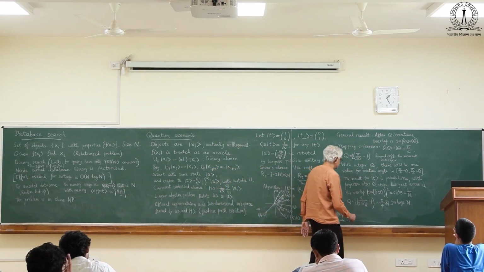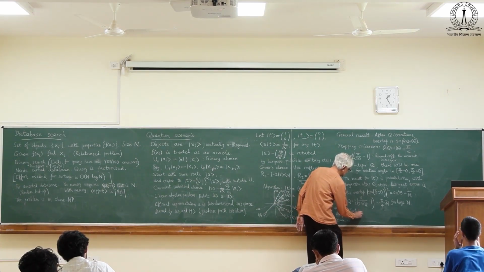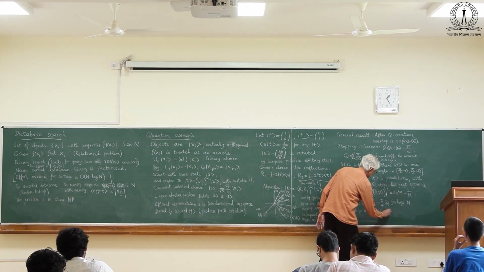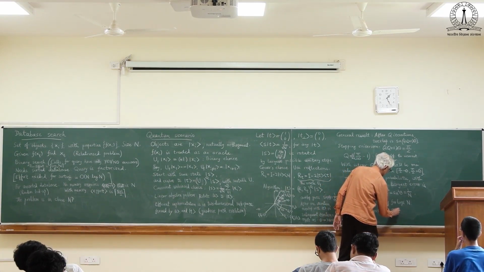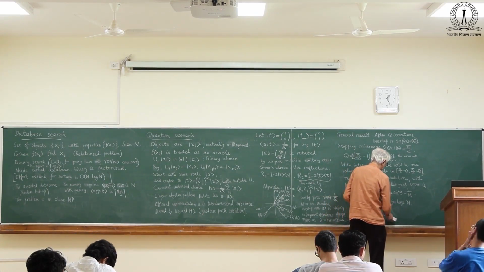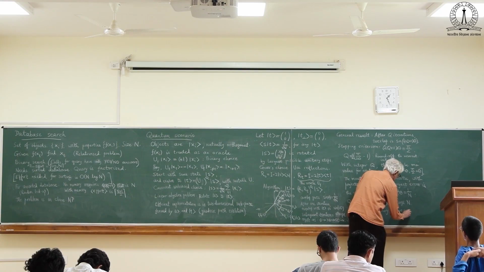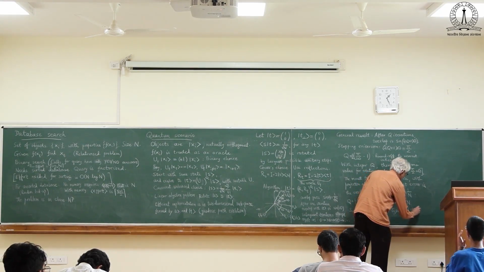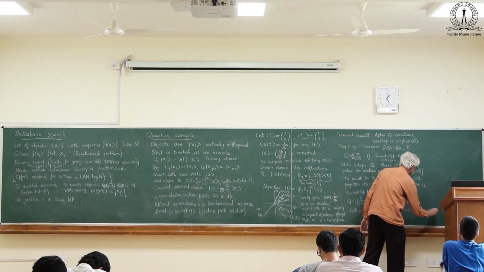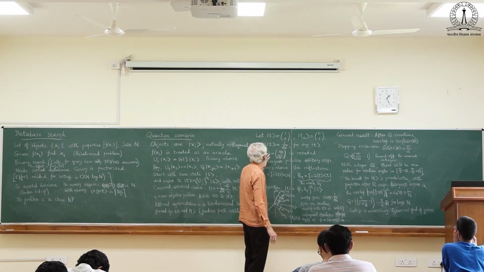So this is a square root speedup, which is completely generic, because you have not assumed any property of f.